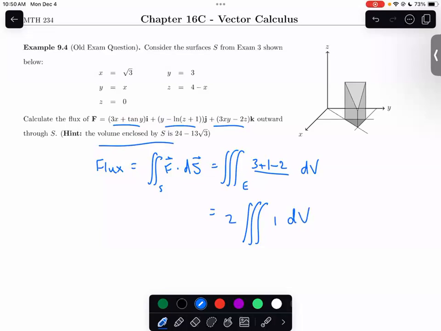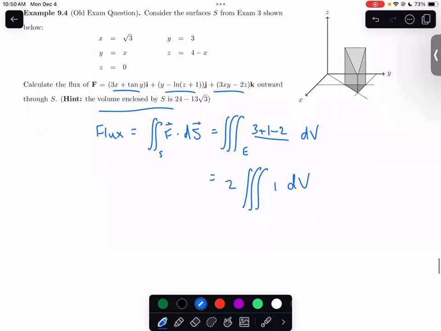And then there's a hint that says that the volume enclosed by this region is some quantity. Well, the triple integral of 1 is just volume. And so this right here would be the final answer.